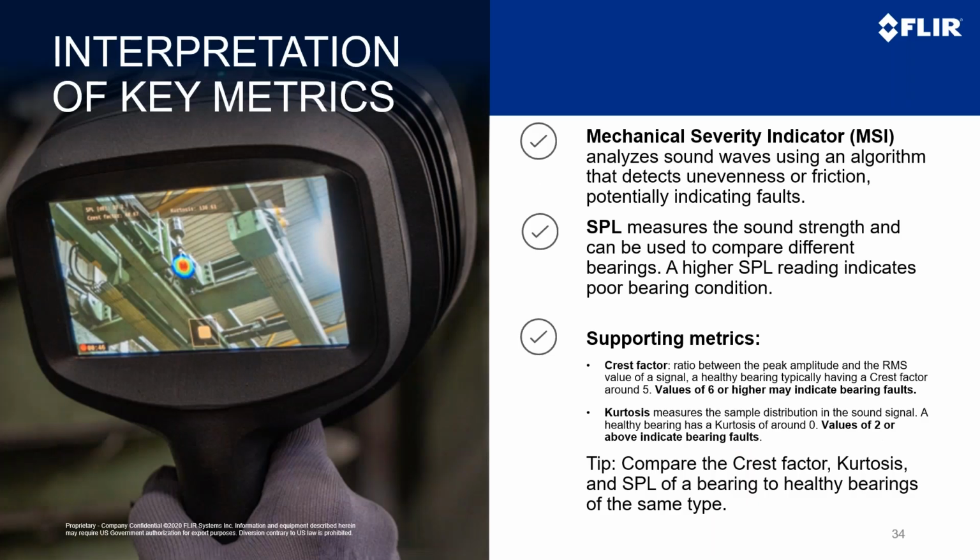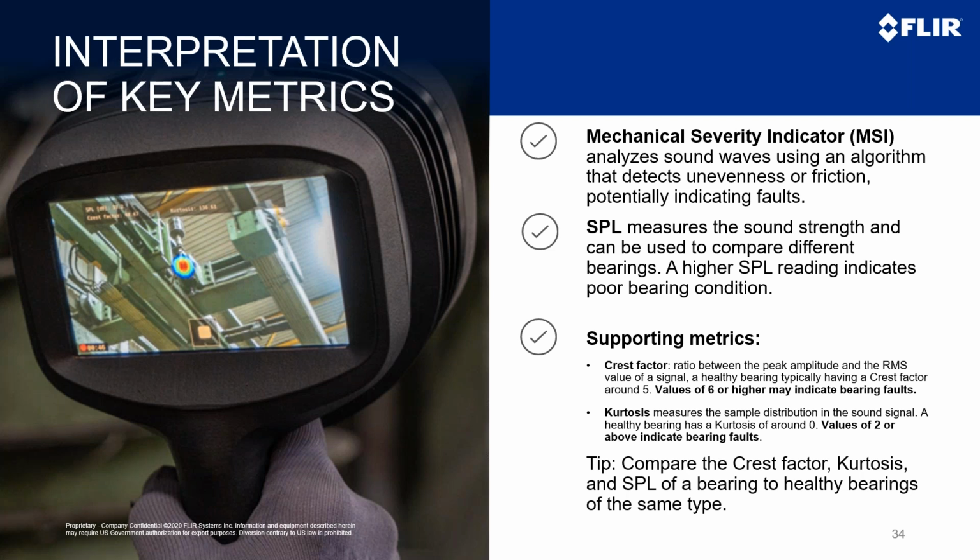In the next slide, this is basically the interpretation of the key metrics. Similar to our different types of applications, we want to provide users a very practical way to spot the failures and to know that there is a failure in that specific component. So that's why we introduced the mechanical severity indicator.